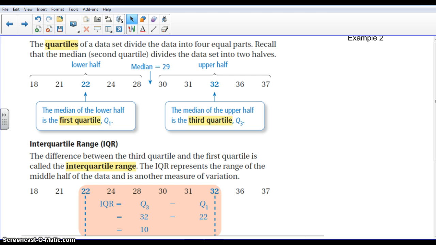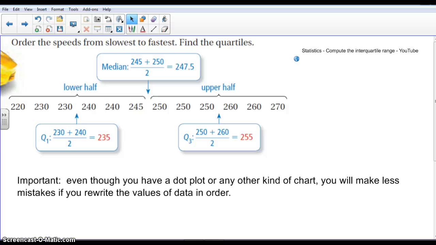All right, so let's look at example 2 on page 415. Now, what they did is do a dot plot in the book. It shows the top speeds of 12 sports cars.